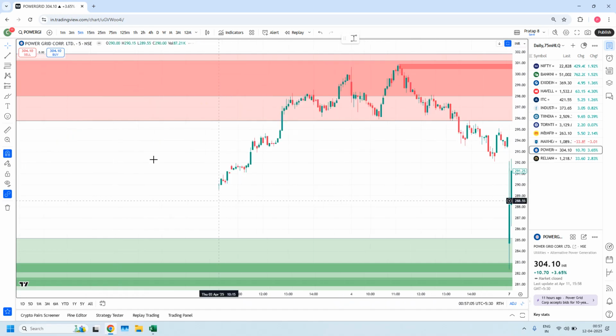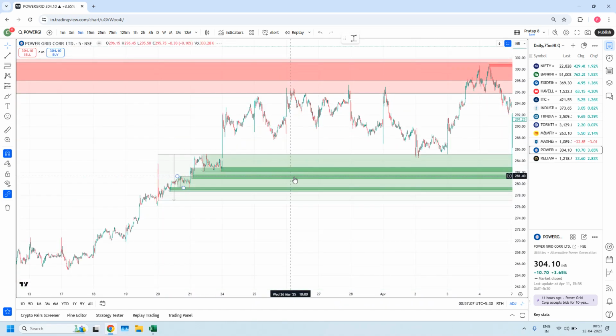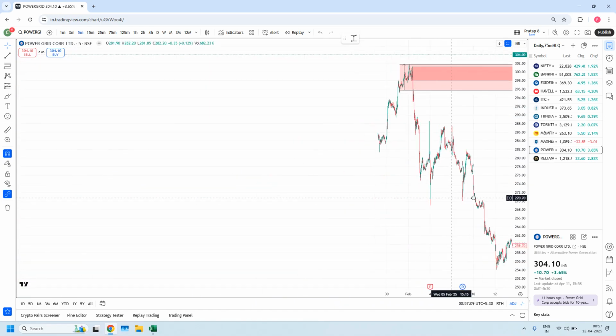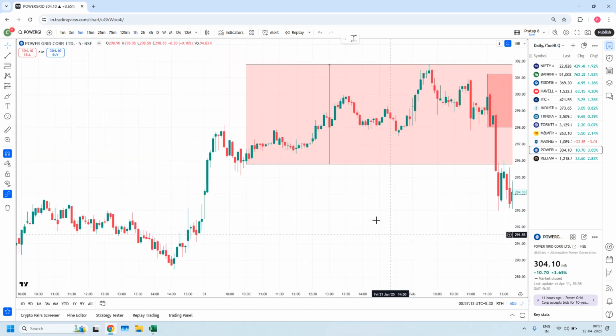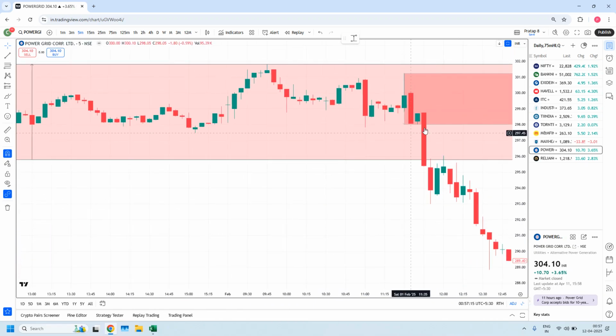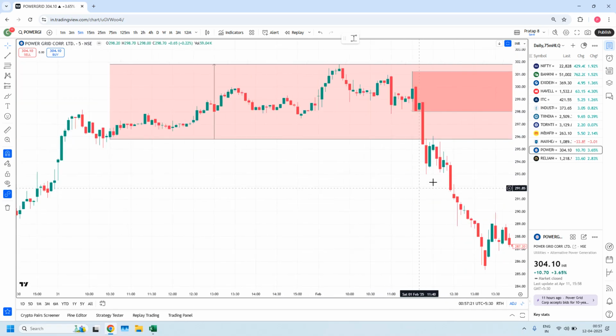Go to the 5 minutes time frame. In the 5 minutes time frame, you have a drop candle, base candle and drop, but this is already violated in recent time when prices crossed this zone.